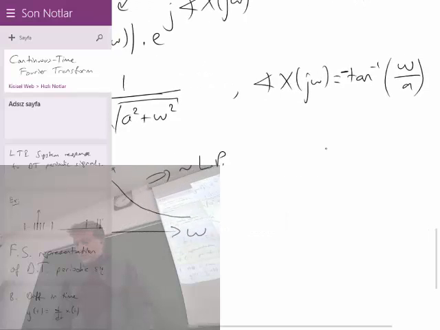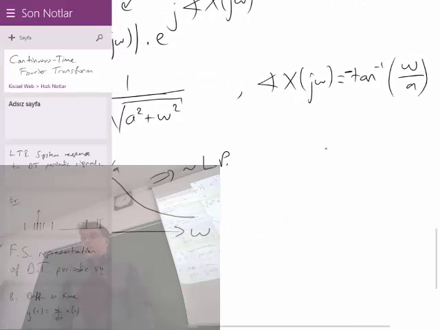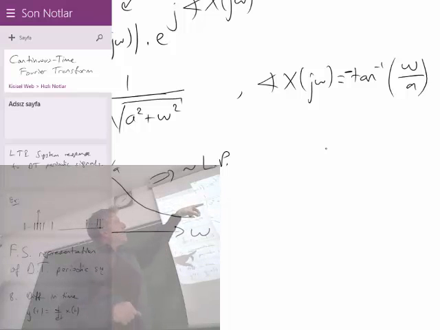And then, for a complex entity, we have the magnitude and the angle. The angle of X of j omega is equal to, for the numerator complex exponential, arctangent of the imaginary part divided by the real part.